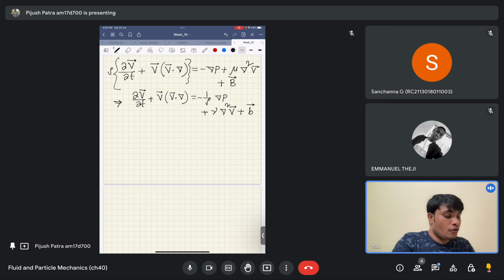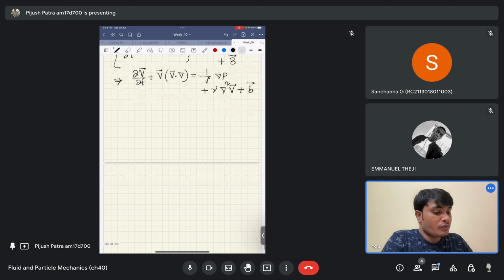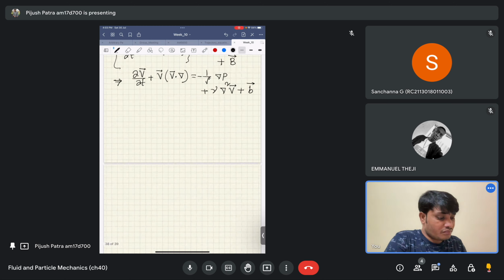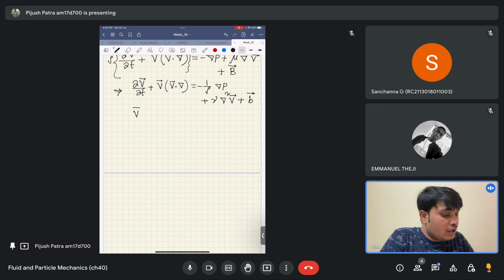So can you write it down? From this, it is very easy to write down the x direction momentum equation, y direction momentum equation, and the z direction momentum equation. That's not a hard thing to do. For the sake of your clarity, let me write it down. Of course I am writing everything in the Cartesian coordinate system, not cylindrical or spherical or any other coordinate system.